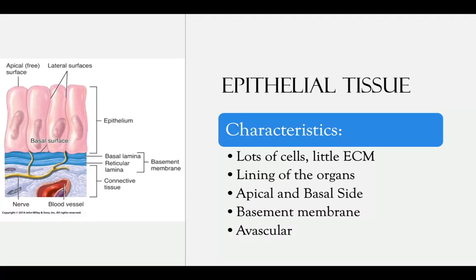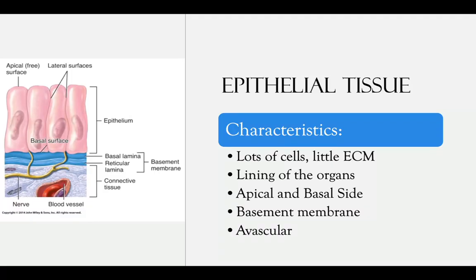Also, just a general characteristic of epithelial tissue, it is typically going to be lining organs. Another really interesting and unique characteristic of epithelial tissue is that it has an apical surface and a basal surface.